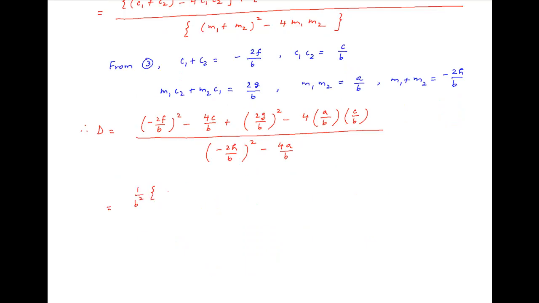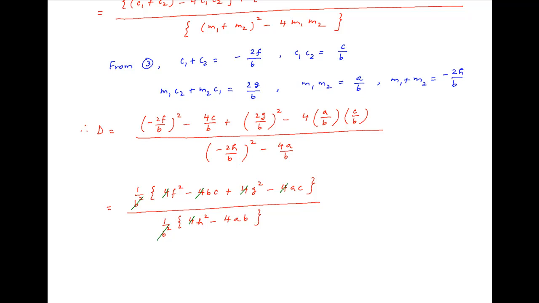And this is equal to 1 upon b² times (4f² - 4bc + 4g² - 4ac) divided by 1 upon b² times (4h² - 4ab). 1 upon b² cancels across the numerator and the denominator.